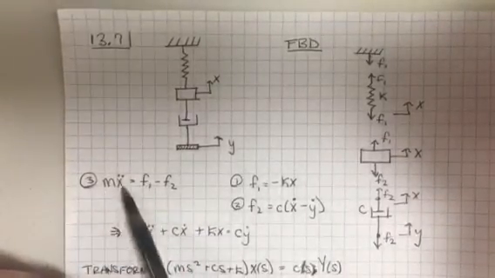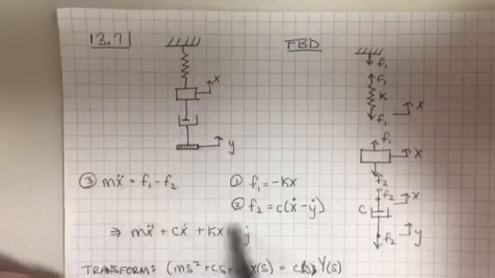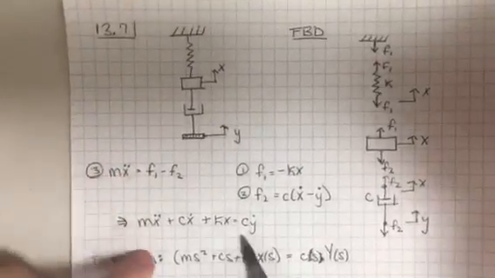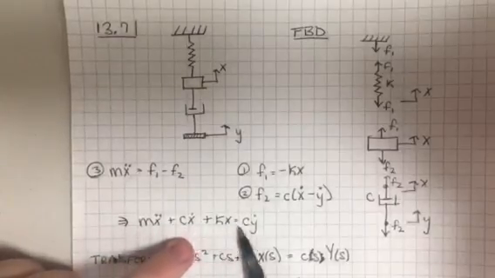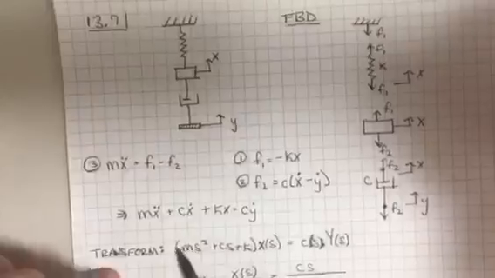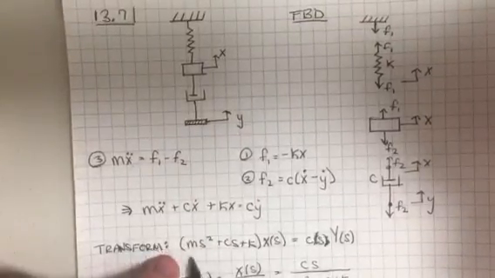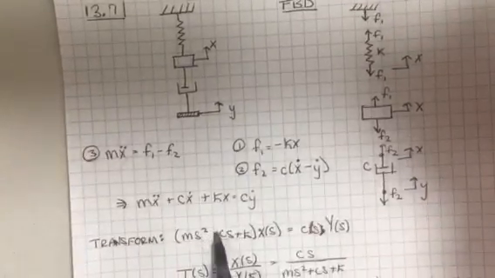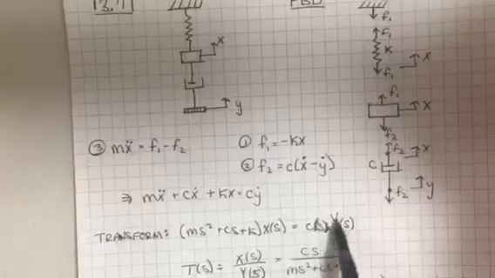So we have m x double dot equals f1 minus f2, and if you combine these three equations, you'll get our main equation. So m x double dot plus c x dot plus k x equals c y dot, and using the Laplace transform, we'll get this expression here, and it's simply (ms squared plus cs plus k) times X(s) equals cs times Y(s).